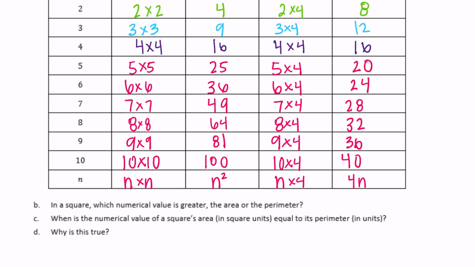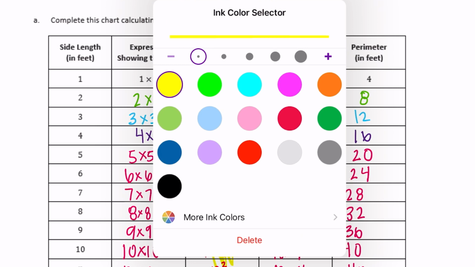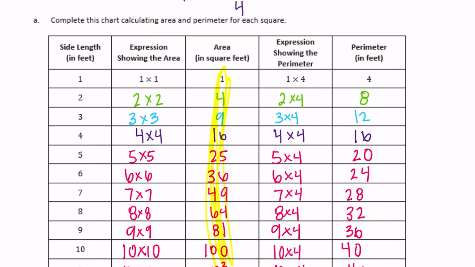So in a square, which numerical value is greater, the area or the perimeter? So when we're looking down here, what is greater? It wants to know the area or the perimeter. So here we have 1 and 4. So here the area is smaller than the perimeter.